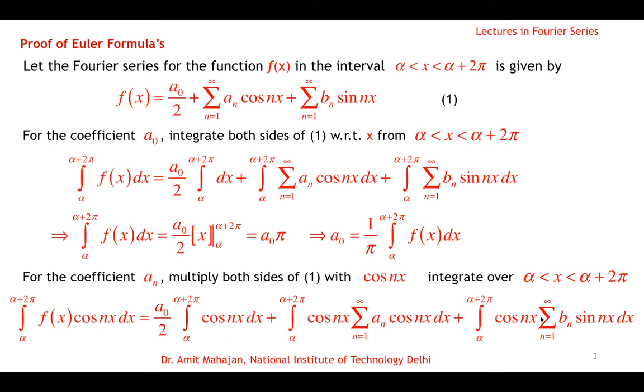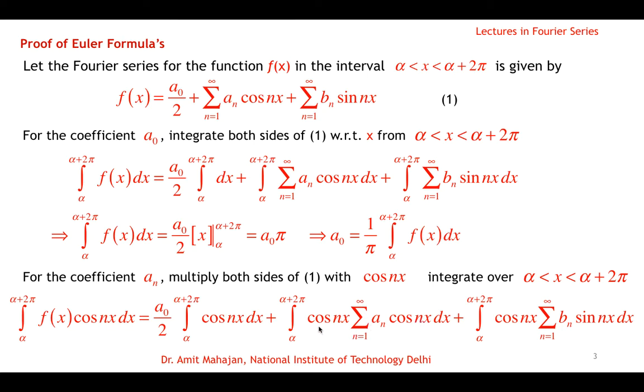And for the third term we know the result: the integral of sin mx cos nx dx is 0 over this limit, so this third term is 0. In the second term, this n which is in the integral is a fixed n, but here this n is varying, n is 1 to infinity.